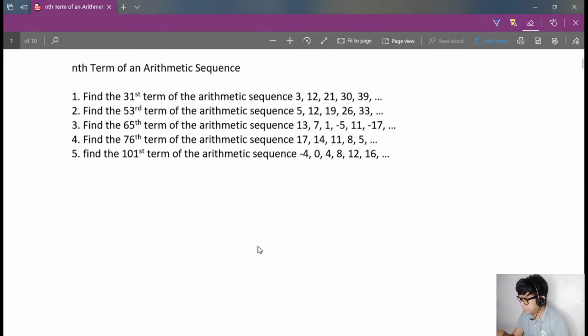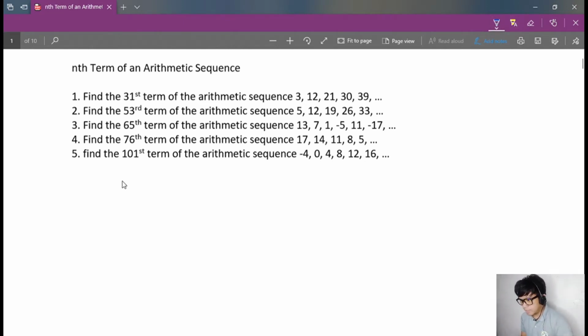So, we have here examples kung saan hanapin natin yung nth term of a given sequence. Now, do you still remember the formula used in arithmetic sequence?